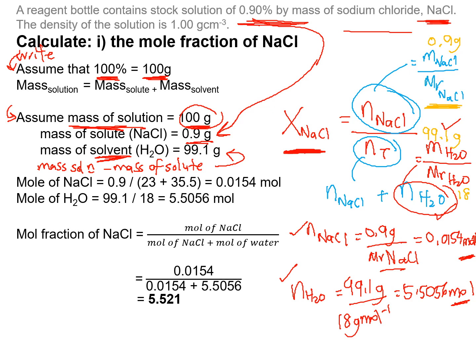So now, for the mole fraction of NaCl, put the number of mole of NaCl on top and the number of mole of total at the bottom. And after that, you get the answer. Mole fraction of NaCl is 5.521.